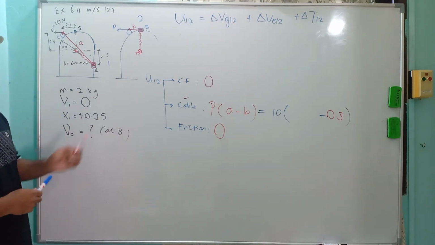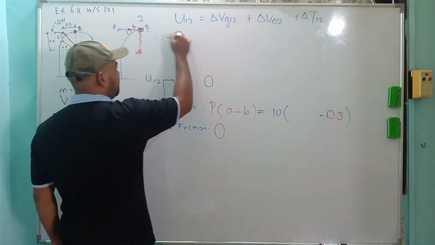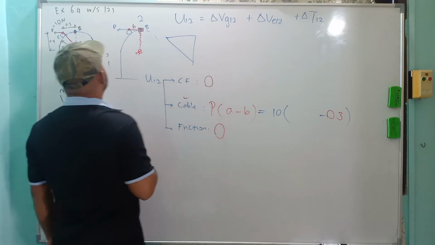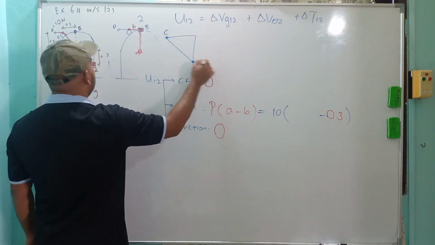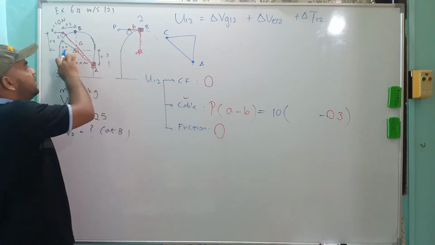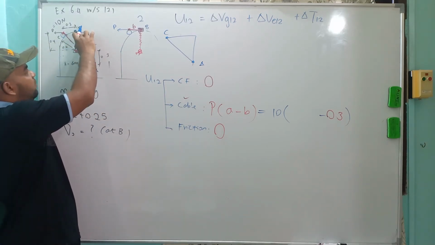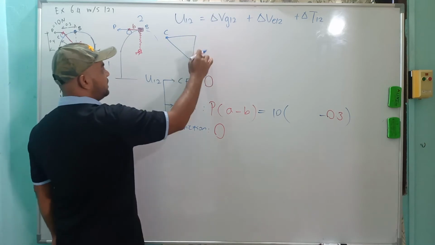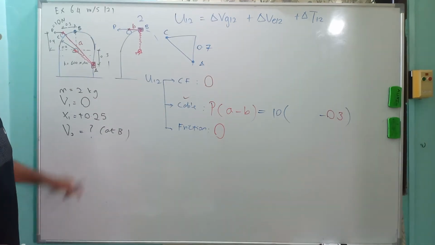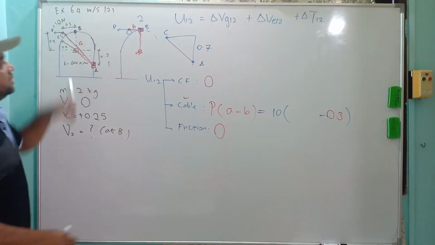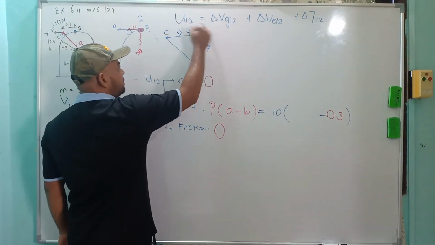Then you go to A. What is the value of A? A simple calculation. This is point C. This is point A here. Given the radius is 0.4, here is 0.4, plus 0.3, so this is 0.7. And then here we have 0.4 plus also 0.3, 0.7.